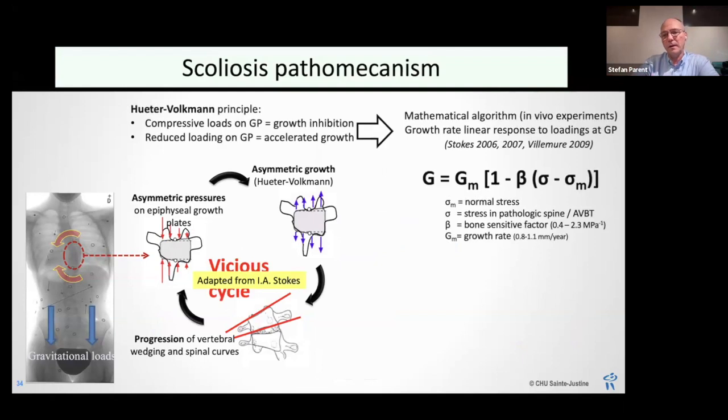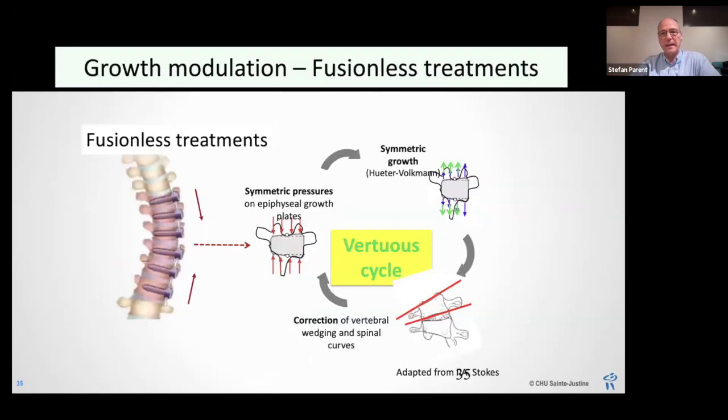So we are understanding this better now, and we're trying to predict how a patient's deformity will progress. But if you're able to come in with a fusionless treatment, trying to stop the growth on the convex side, maybe you can change this and make it more symmetric, and then have more normal growth as you go.